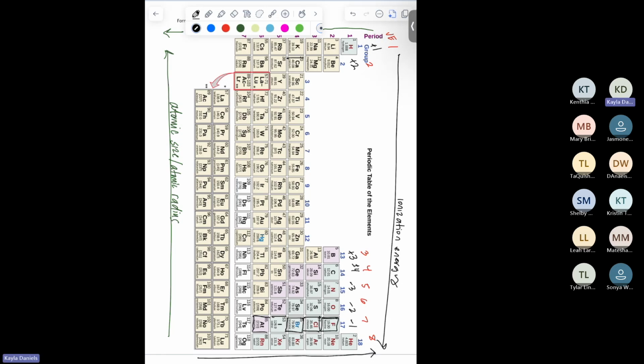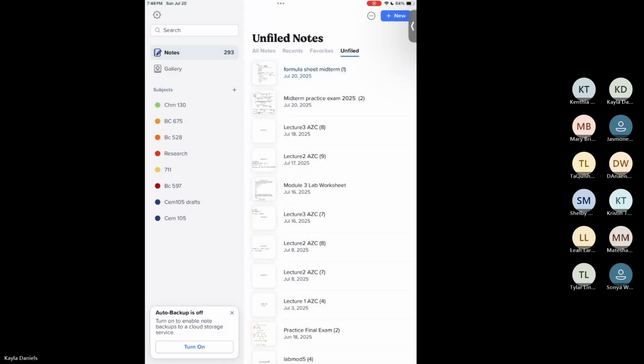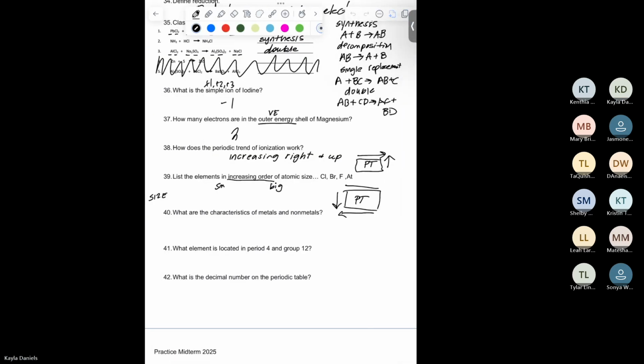Oh, this is nice. They're all in a line. So we increase as we go down, right? So it's going to be smallest fluorine, then chlorine, Br, and then At. Fluorine, chlorine, bromine, At. All right, we're getting there.